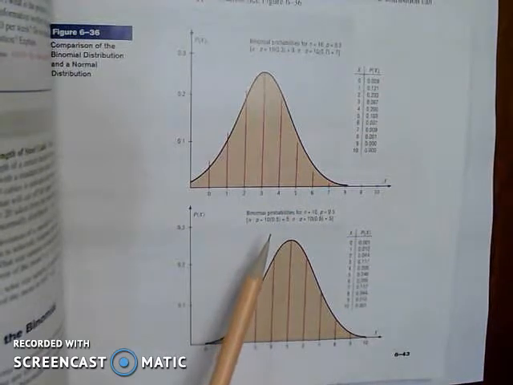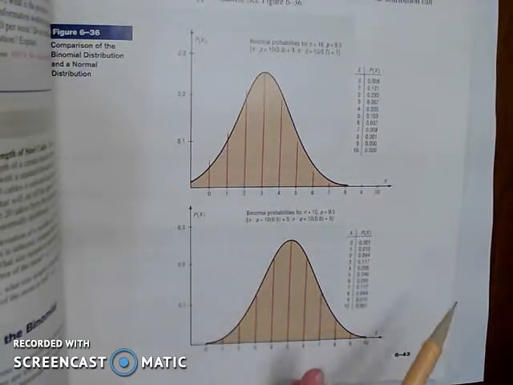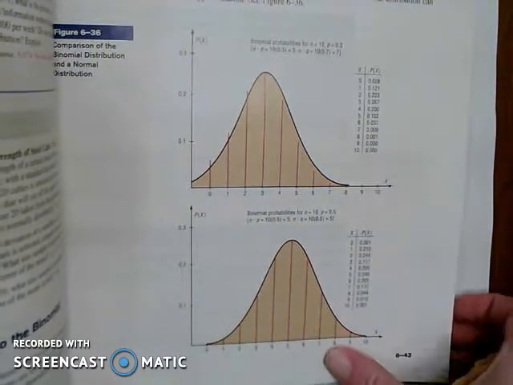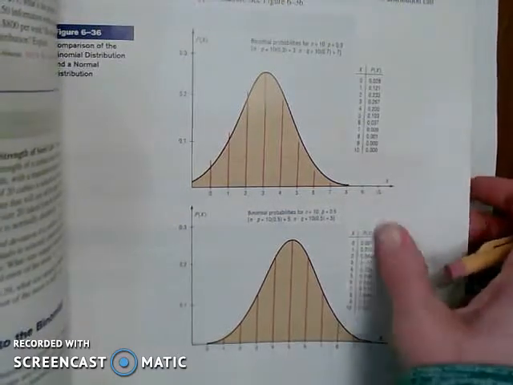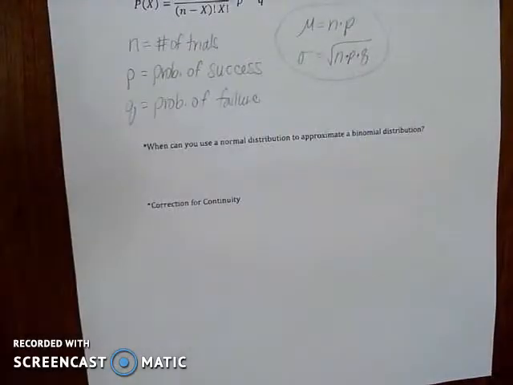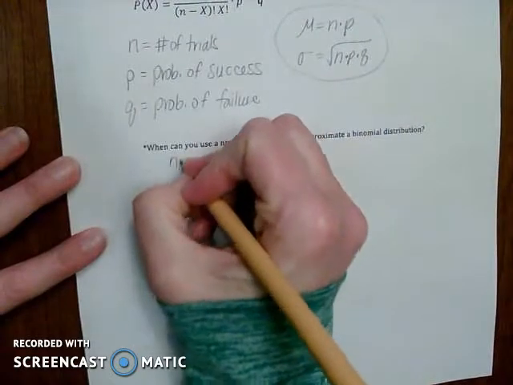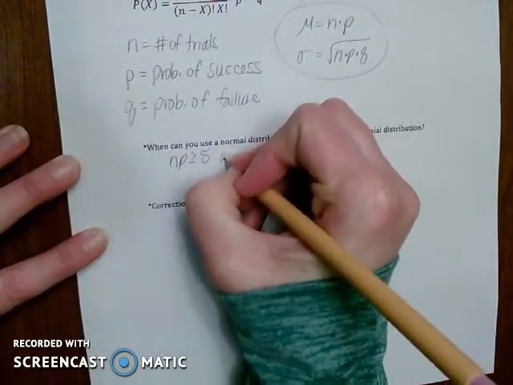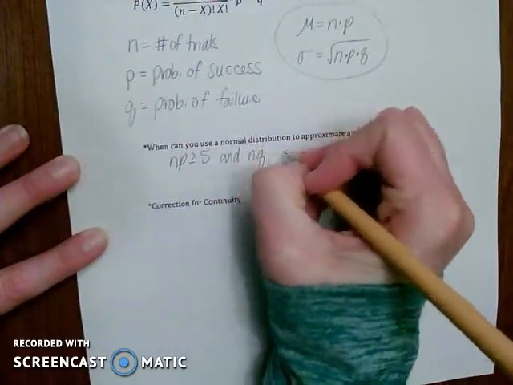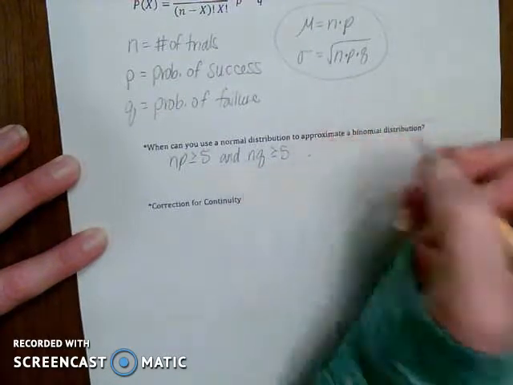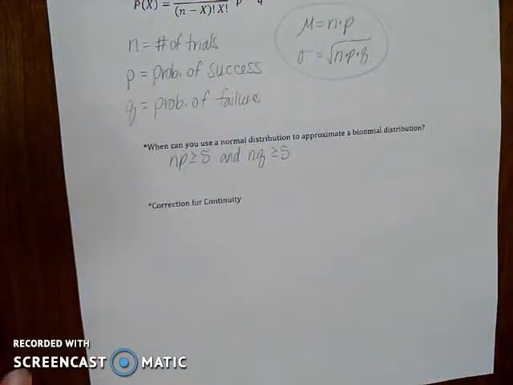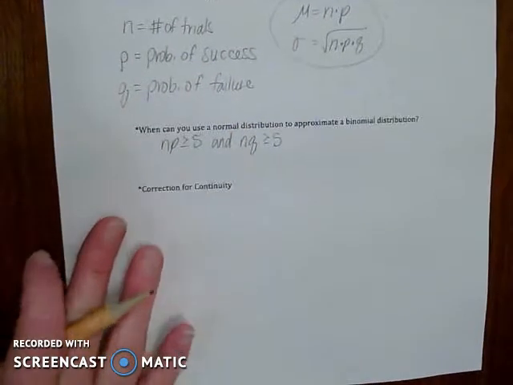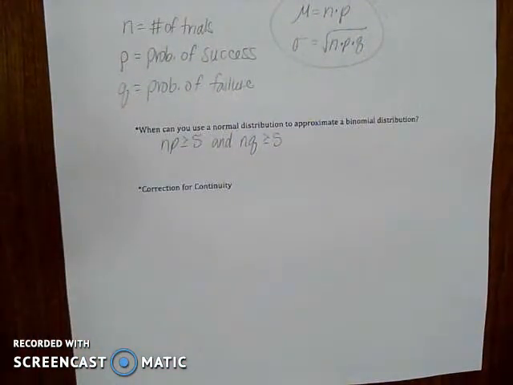So in order to use the normal distribution for a binomial distribution, n times p has to be greater than or equal to 5, and n times q has to be greater than or equal to 5. I promise you they will always be this way, so you don't even really have to check it, but that is just a rule.